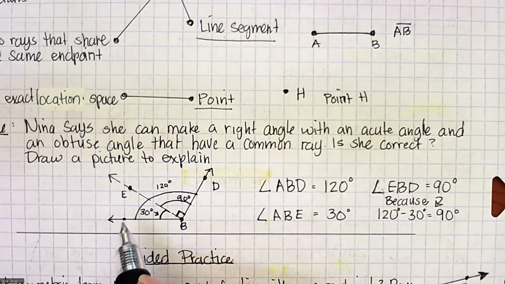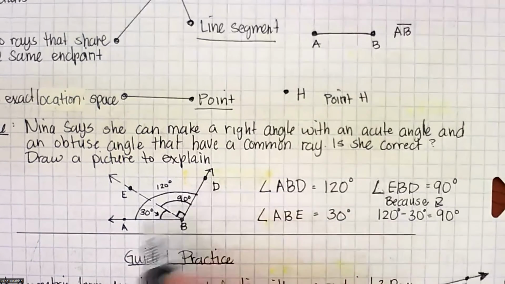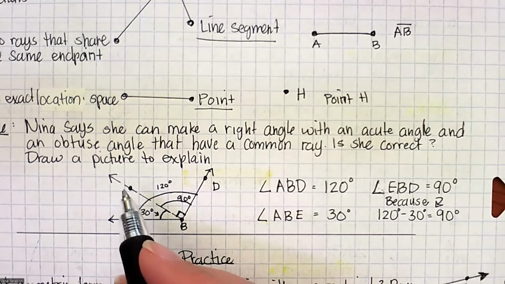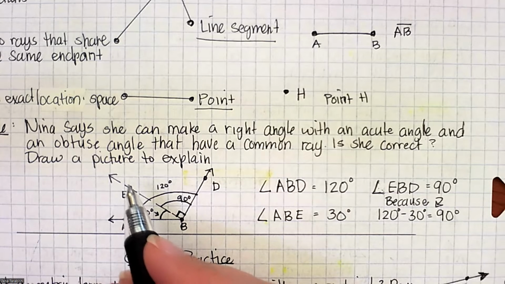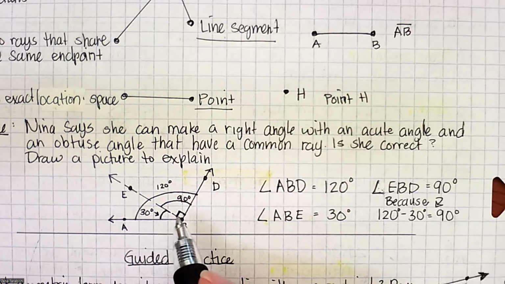So over here, we have her obtuse angle is ABD. Her acute angle is ABE. So over here, AB is the ray that they share.